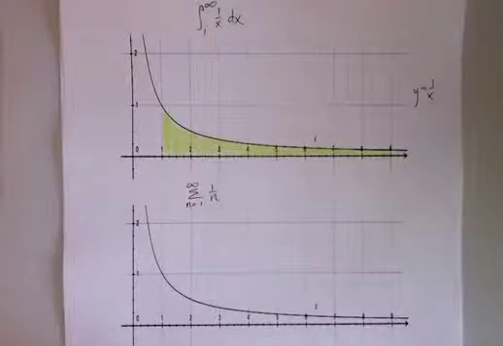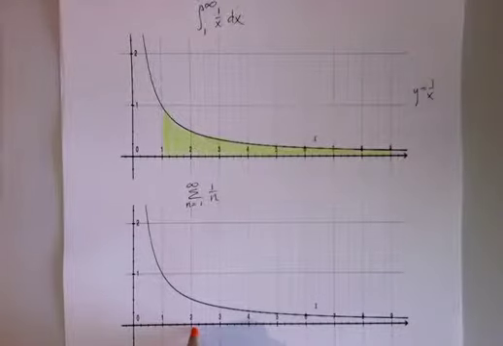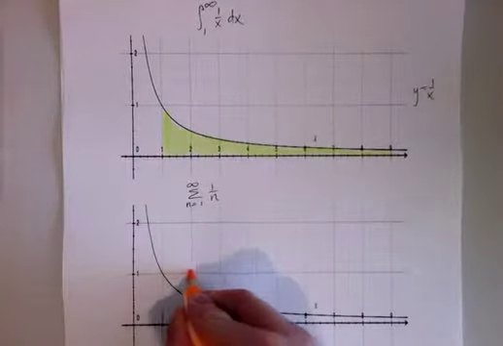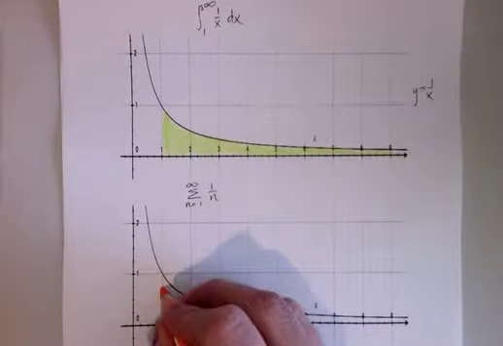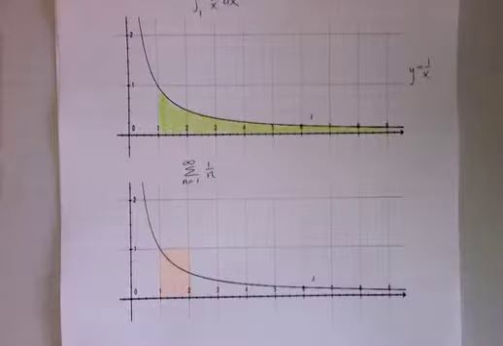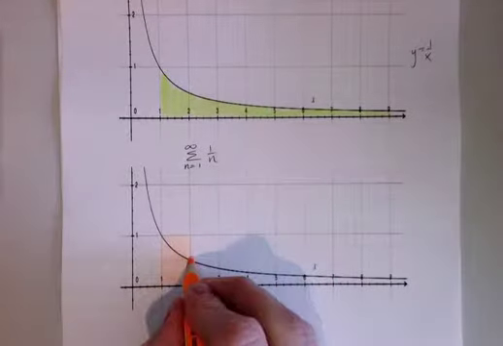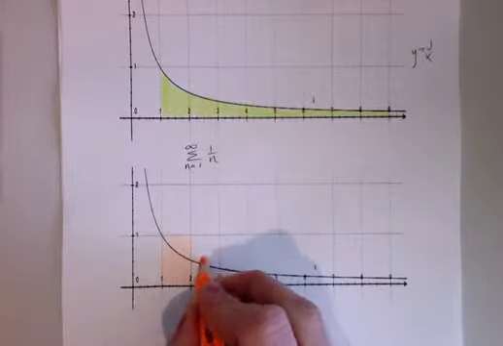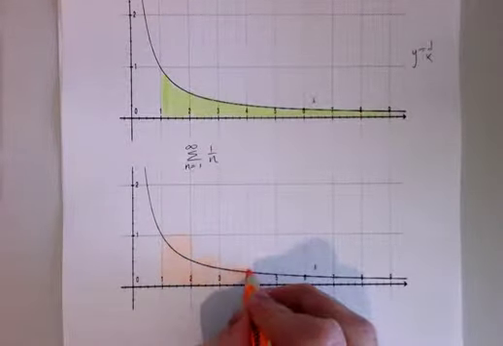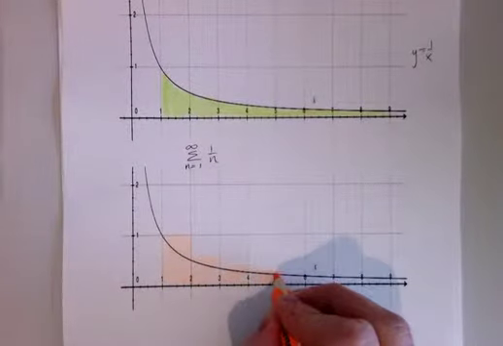Since the width between them is 1, the value right here at 1 is the same as the area here, right? Because in order to get the area, all you have to do is multiply by 1. So what we wind up getting is an infinite Riemann sum.